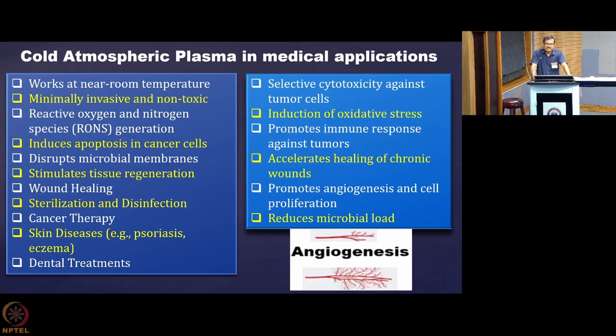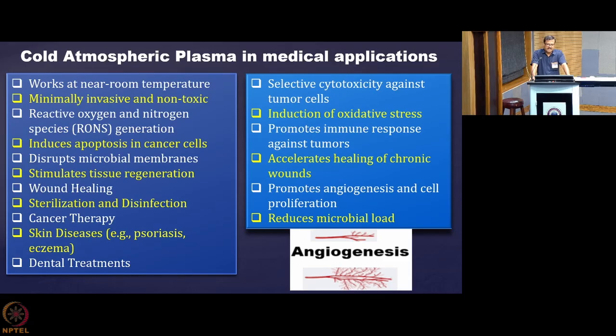They stimulate tissue regeneration. They are a very important and useful thing, tissue regeneration. They work wonderfully for wound healing, sterilization, disinfection. Of course, the other things which we called apoptosis and disruption of membranes, they basically belong to cancer therapy.